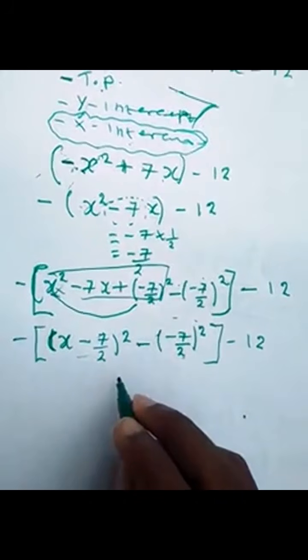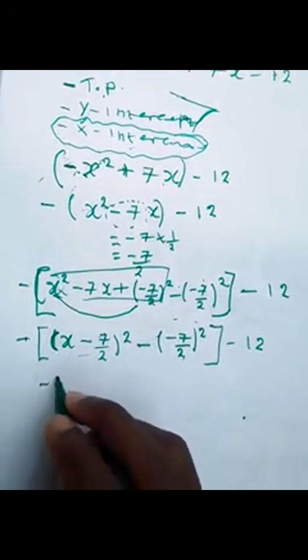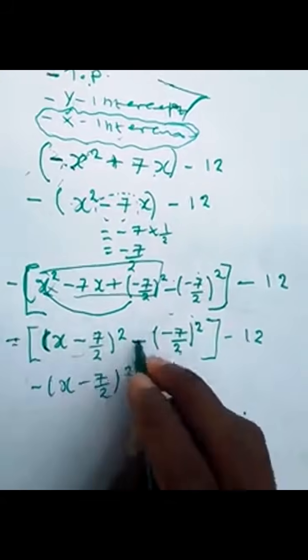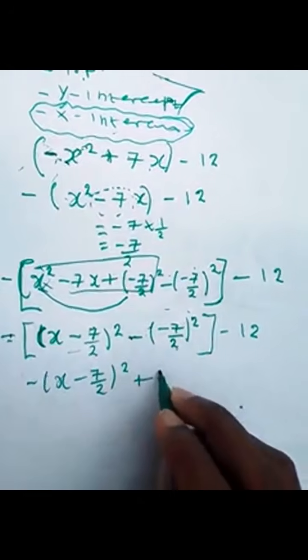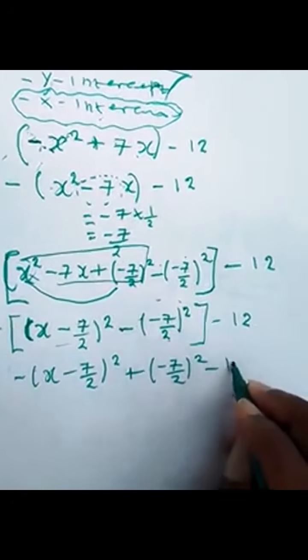So just simplify this part, or let me just expand. This times this is going to give me negative x minus 7 over 2. This times this is going to give me plus negative 7 over 2 power 2, minus 12. Right?